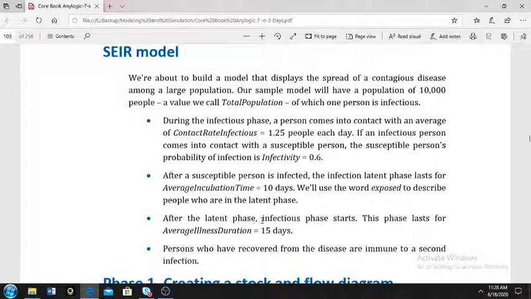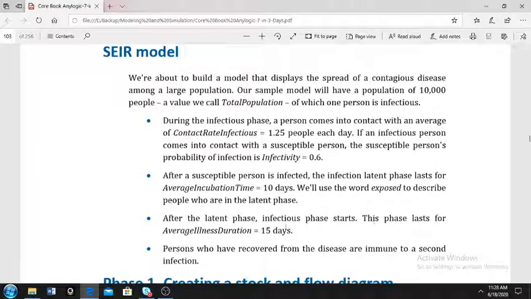After the latent phase, the infection phase starts. The latent phase means you might be having the virus, but you cannot infect for 10 days. You carry the virus, but it takes 10 days before you can infect a person. After the latent phase, the infection phase starts.